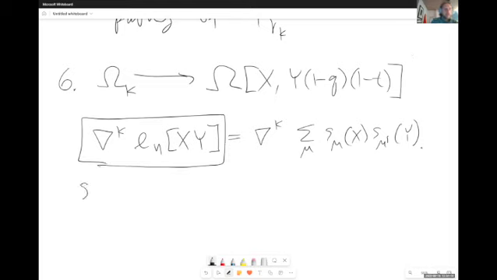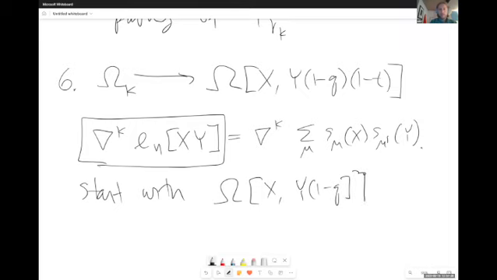And so now what I'm saying is, if you start with the expression we had for omega of x and y times 1 minus q, take that formula and now just apply the superization formula with the t variables.